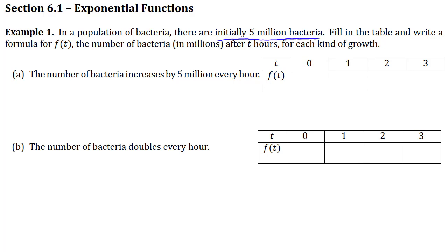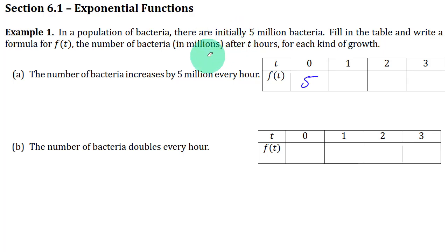And for the first one, the number of bacteria increases by 5 million every hour. So it's initially 5 million bacteria, so that means after t equals 0 hours, there's 5 million. It says in millions here, so 5 means 5 million.